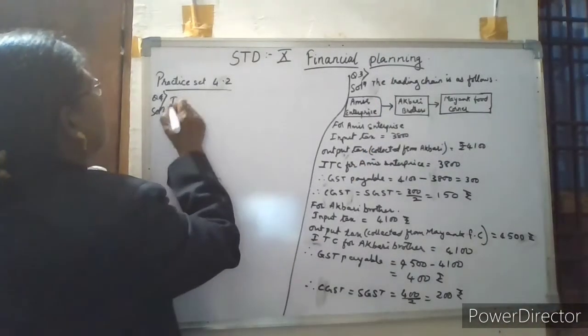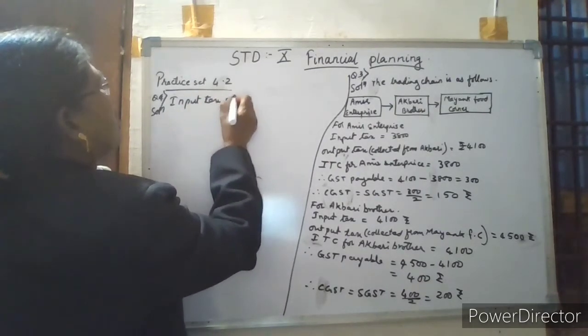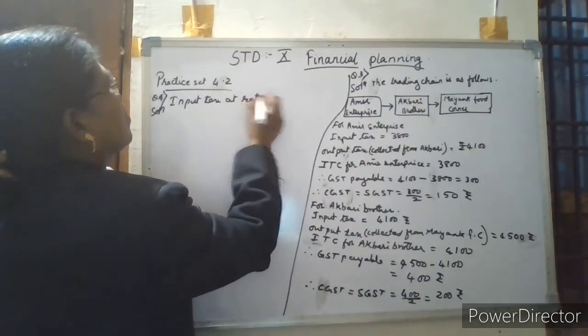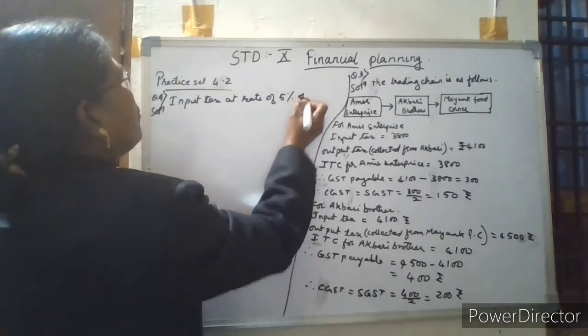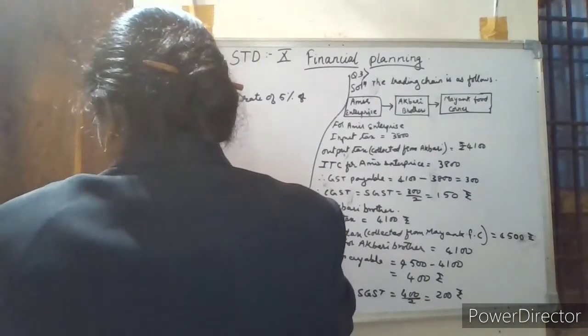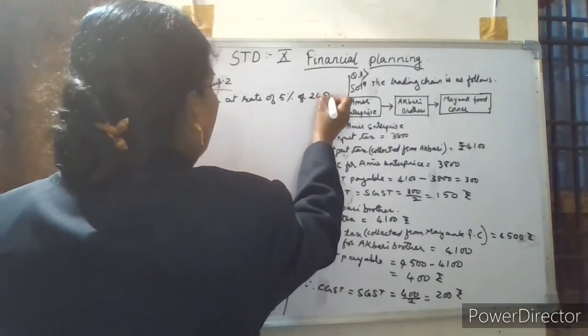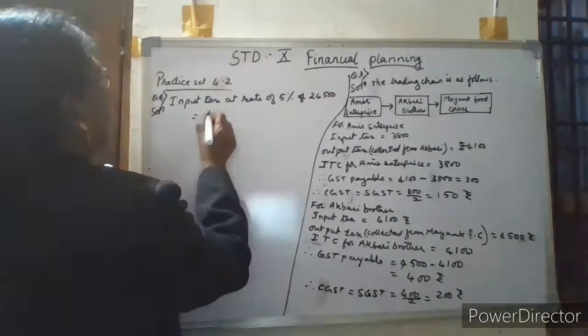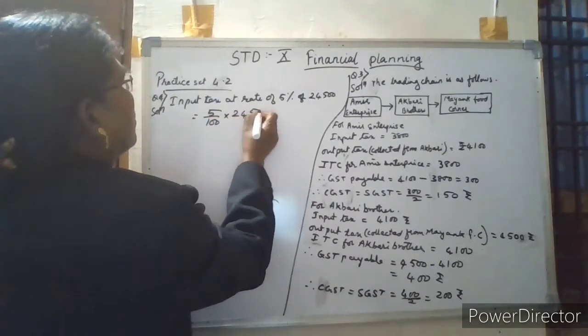Input tax at the rate of 5% on 24,500 is equal to 5 by 100 into 24,500.